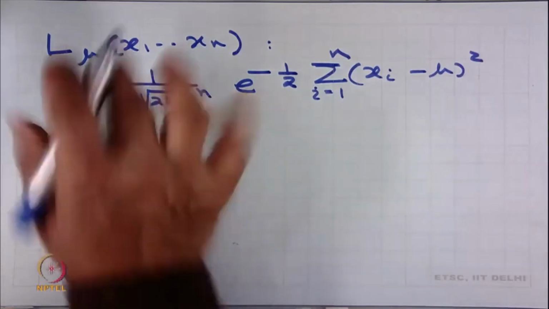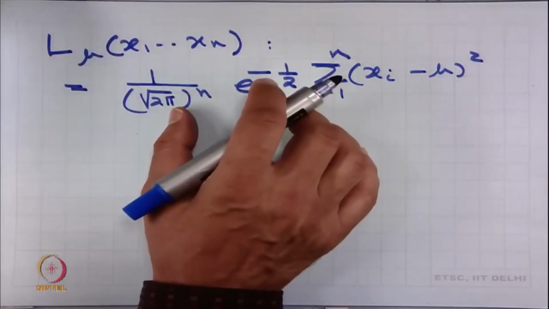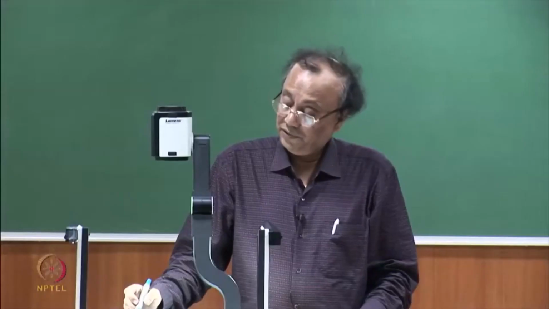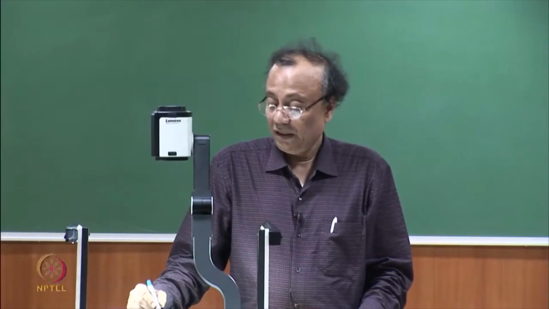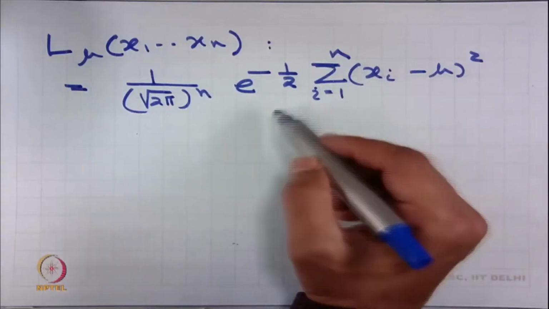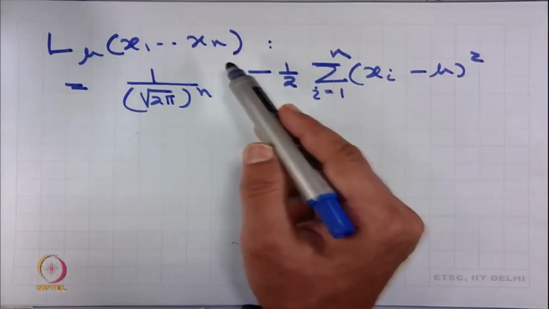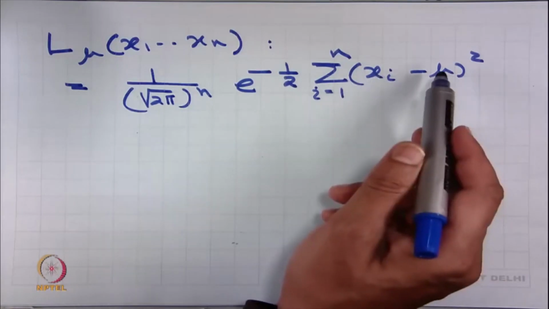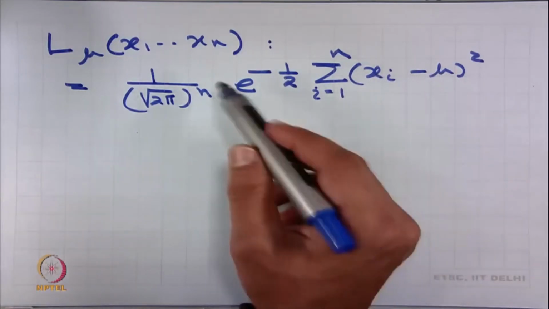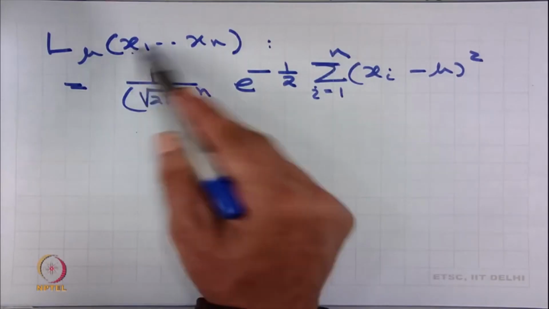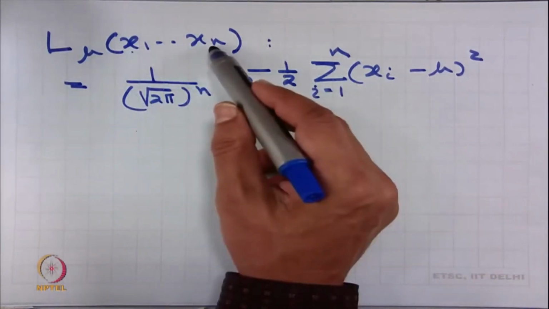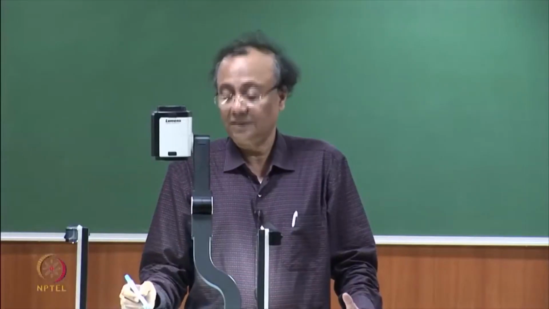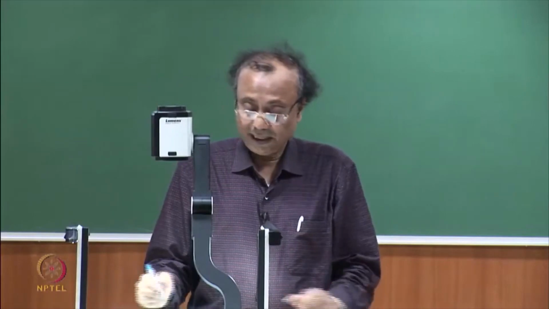This is obvious because the likelihood function here is the product of the individual densities, and we know that if x is normal mu, 1, then the density of x is 1 over root over 2 pi e to the power minus half x minus mu whole square. Now, I am adding it because there are n observations, so the L becomes the product of their individual densities, therefore in the exponent they are being added.